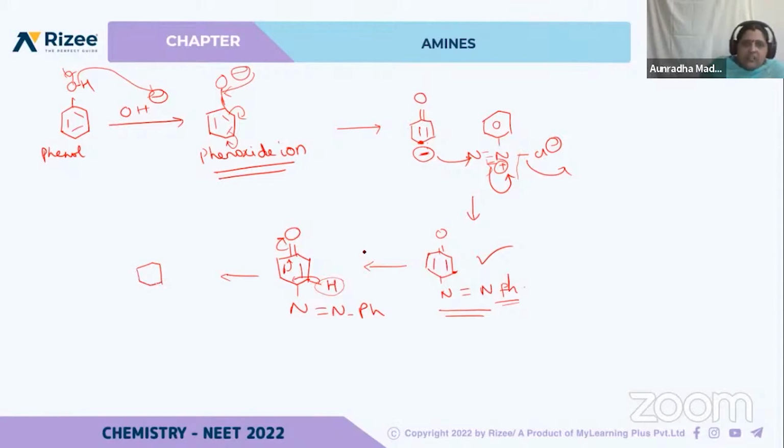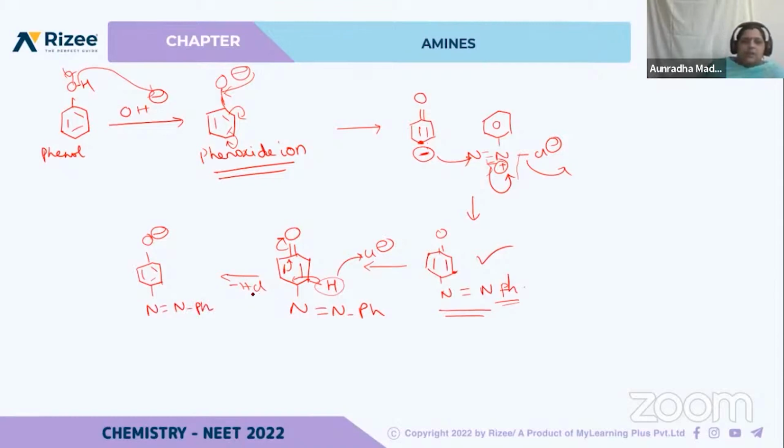Now here the Cl minus will come. As that one is in the solution, it takes out the hydrogen as HCl, and now we got the aromaticity in N double bond N Ph.